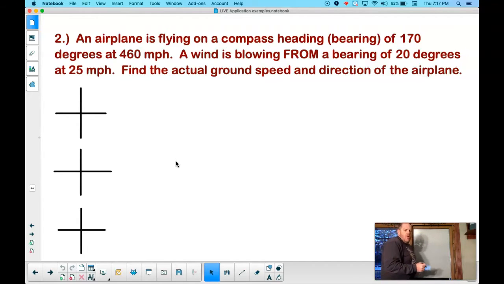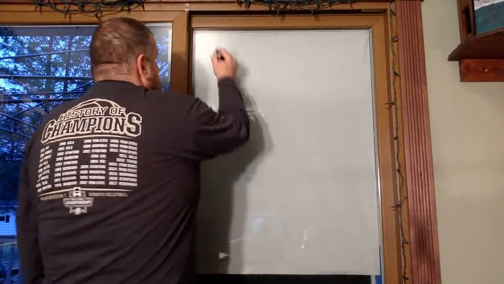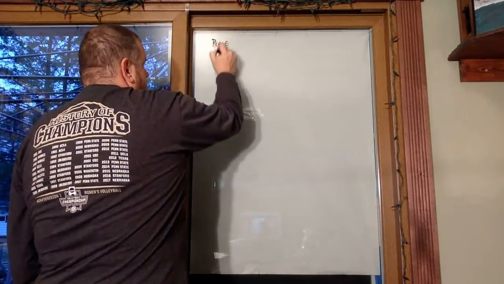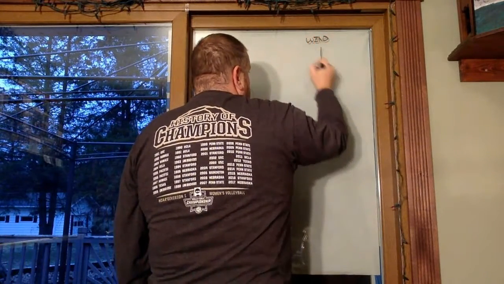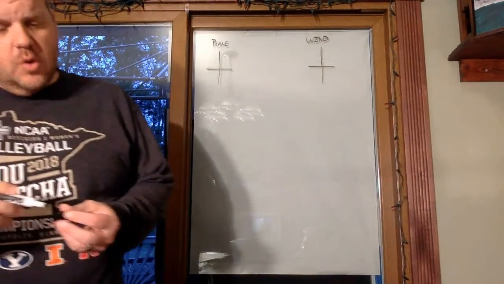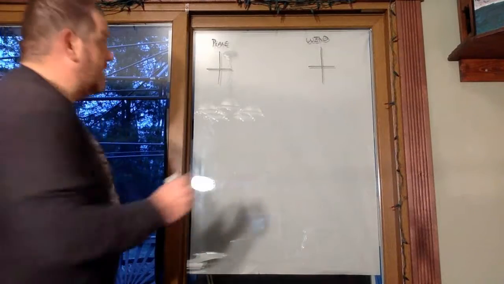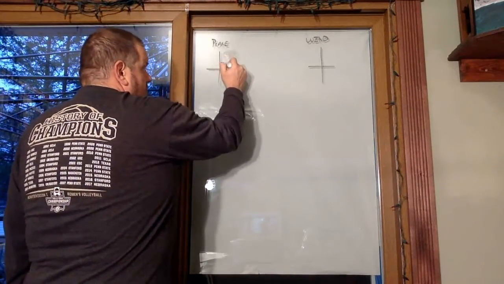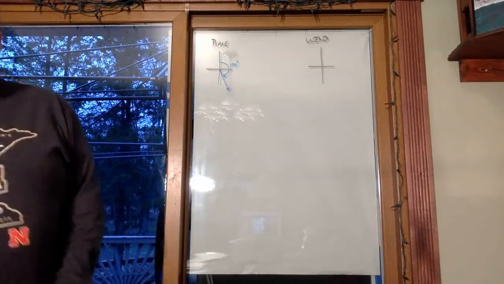All right, so plane. First off, we've got the plane. And then we've got the wind. So the plane is flying on a compass heading or bearing of 170 degrees. That is down here because this angle makes 170.